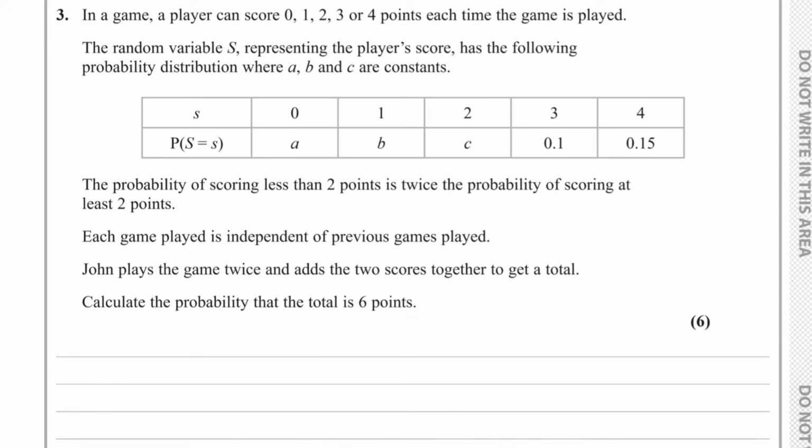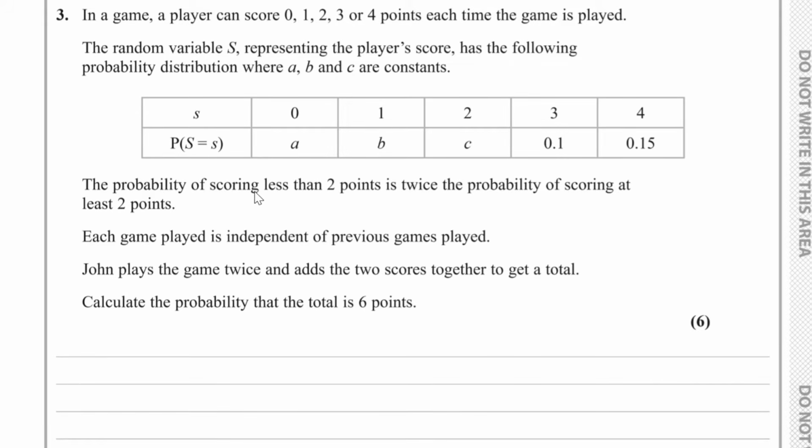Question number 3. In a game, a player can score 0, 1, 2, 3 or 4 points each time the game is played. The random variable S, representing the player's score, has the following probability distribution where A, B and C are constants.